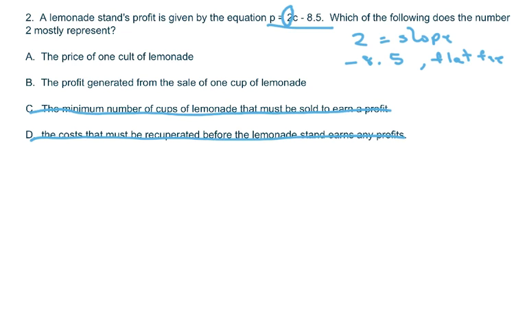So basically, it's either A or B. Compare the descriptions to the equation. The 2 is the coefficient of C, which represents cups. So 2 is the price per cup of the lemonade. All right? And also B is the profit generated, and that would be your P, and they didn't ask about that, so that would not be right.